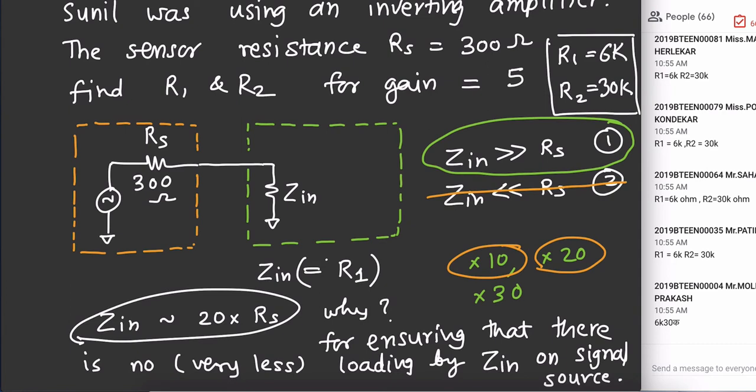There is nothing magic. Once you understand the logic, things are very simple. So why understand the input impedance of an inverting amplifier? Because that is decided by R1. And R1 and R2 both decide the gain. So if you want to decide the component values, you need to understand these things.